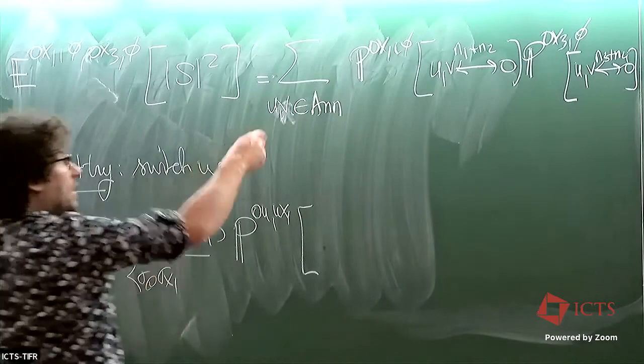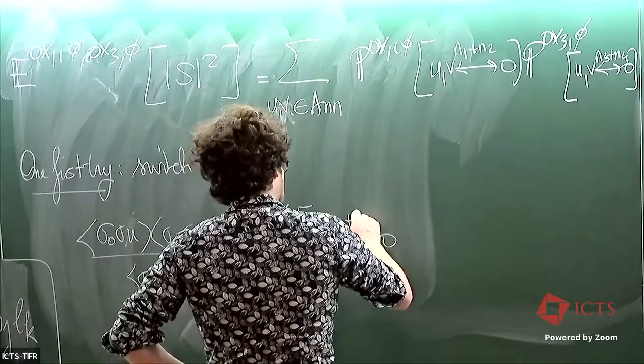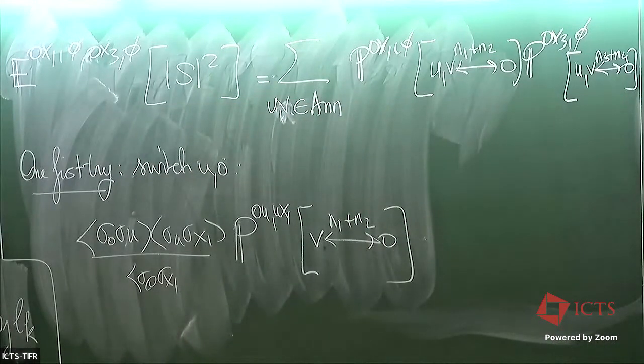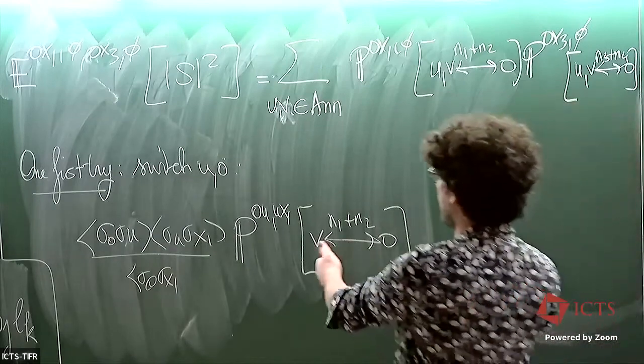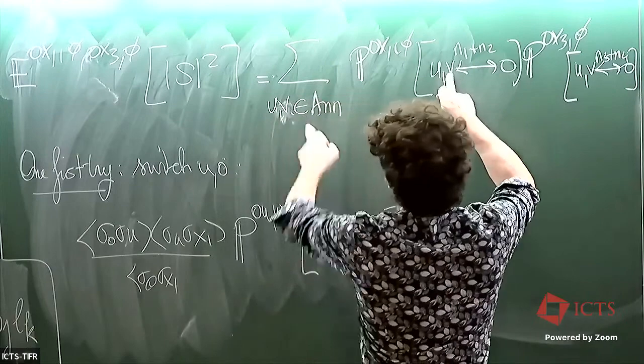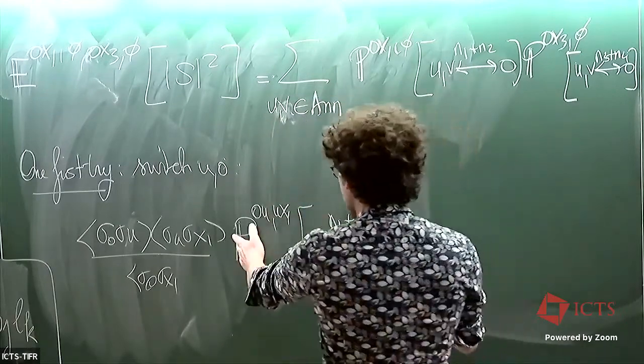But now we still have v connected to 0 in N1 plus N2. And in some sense, we cannot just bound this by 1, otherwise we would be summing over a void v, so it would be way too big. There will be no constraint on v. So we need to estimate this thing.